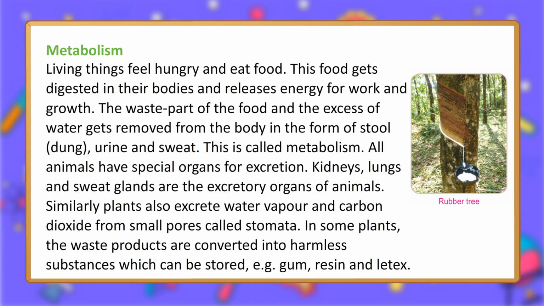Kidneys, lungs and sweat glands are the excretory organs of animals. Similarly, plants also excrete water vapor and carbon dioxide from small pores called stomata. In some plants, the waste products are converted into harmless substances which can be stored, for example gum, resin and latex. Rubber tree.